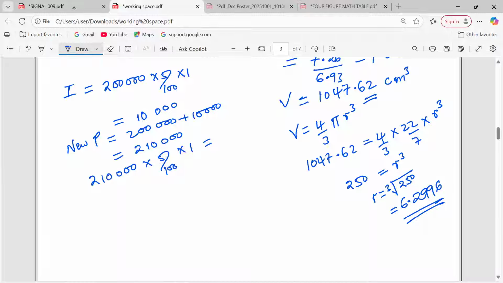And this becomes 10,500. So the interest now is bigger, 10,500. Then 10,500 combines with the previous principal to get the final principal for the year. So we add this to 210,000. This becomes 220,500.